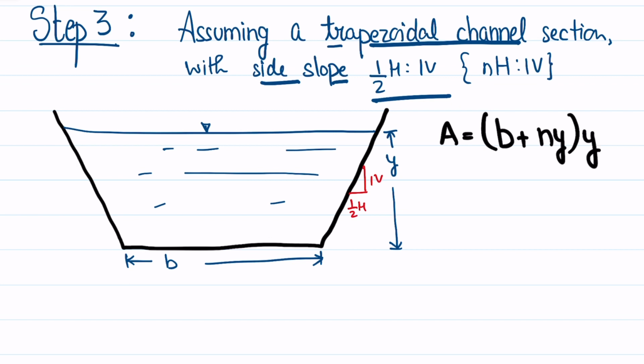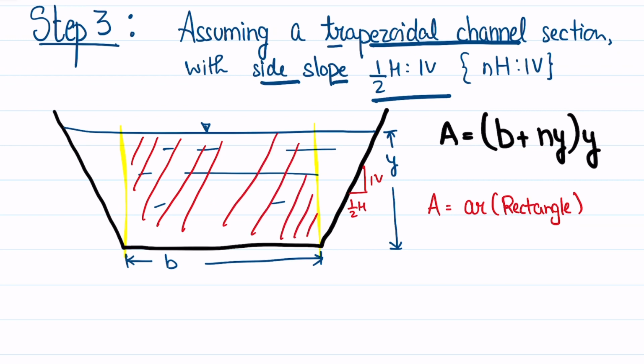Okay, but if you find it very difficult to remember the formula for the area, then you can find the area by dividing the trapezoidal section into different sections: area of rectangle plus twice the area of triangle.